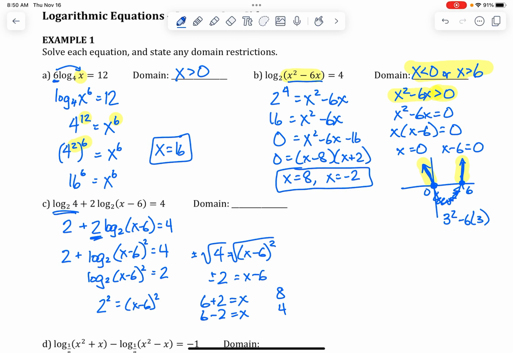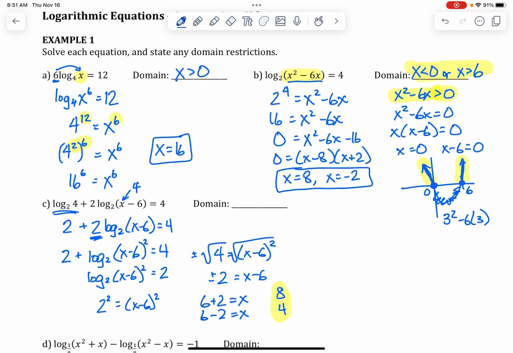And you might think, okay, those are my 2 answers. But keep in mind the domain restriction. Now, I purposely didn't do the domain restriction ahead of time because I wanted to see what happens. If you just blindly put x equals 8 and 4 in your answer, then be careful, because if you plug 4 in for x, you're going to get the log base 2 of a negative number, and you can't have that, right? And so that's why we look at the domain ahead of time, just to reassure us.